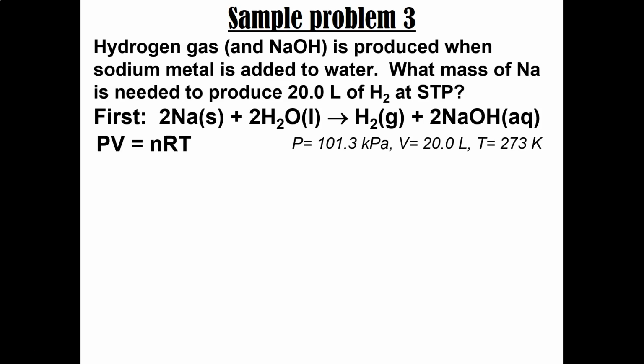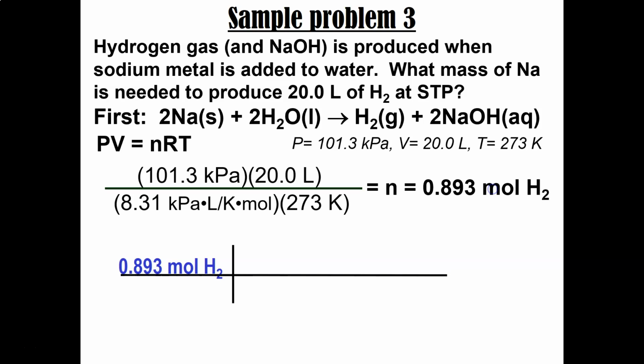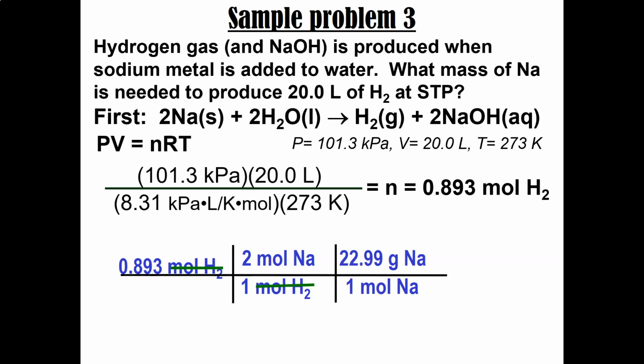I'm going to get from liters of A to moles of A. Then I'm going to go from moles of A to moles of B, moles of B to grams of B. Punch that all in my calculator and I get about 41 grams. So in order to produce 20 liters of hydrogen gas at that pressure and that temperature, you would have to start with 41.1 grams of sodium.